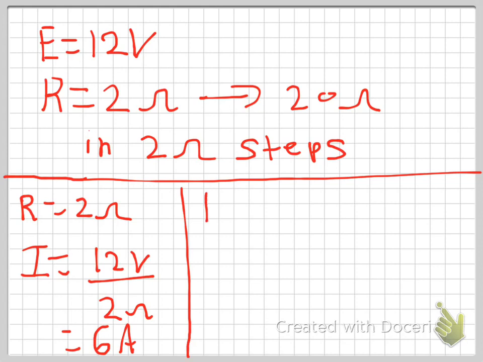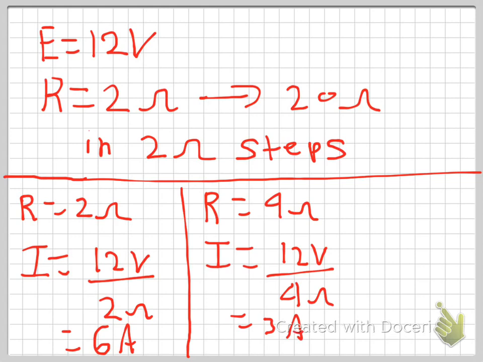Then we're going to increase R to 4 ohms, and then current I will be 12 volts divided by 4 ohms, 3 amps.